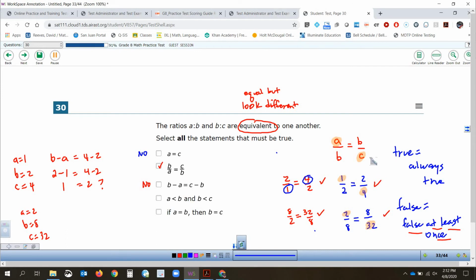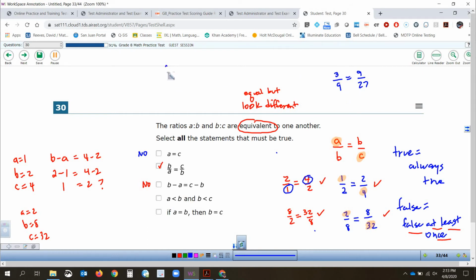All right. So let's try one more, and let's see if we can do one more example. So what about if we have 3 over 9 equals 9 over 27, because that's times 3, right? A is less than B, and B is less than C. Could we come up with one where it was bigger?